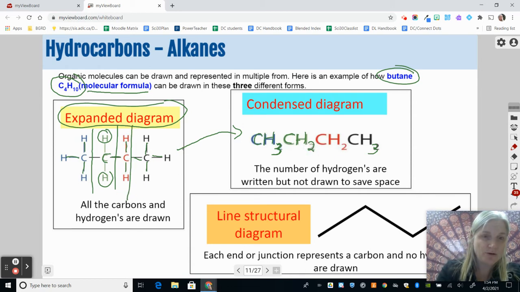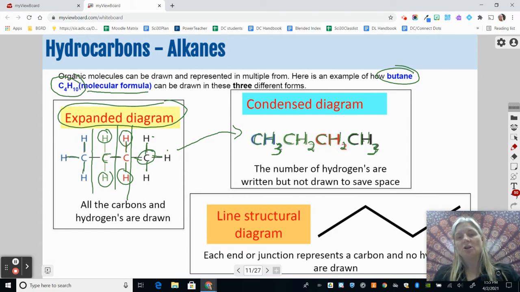And then your third carbon here also has 2 hydrogens on it, so CH2. And then the last carbon here has 3 hydrogens on it. So this way, you're not showing the lines of the bonds. There's no lines to represent bonds, but you know that every carbon is attached to each other, because that's the only way they can be attached, because hydrogen can only form 1 bond, so it can't attach to anything else. So you know it's a 4 carbon chain, but this shows you how many hydrogens are on each carbon as you go through that chain.